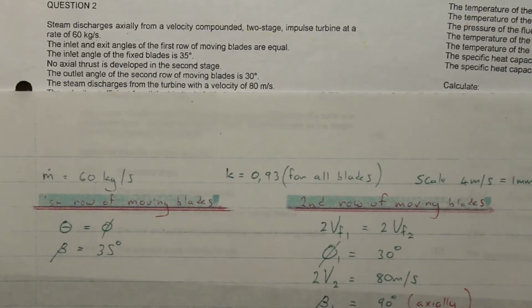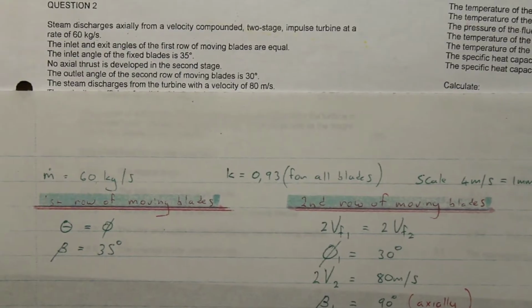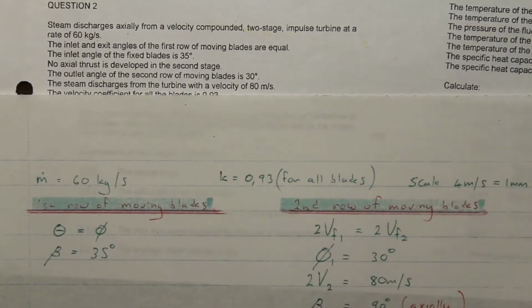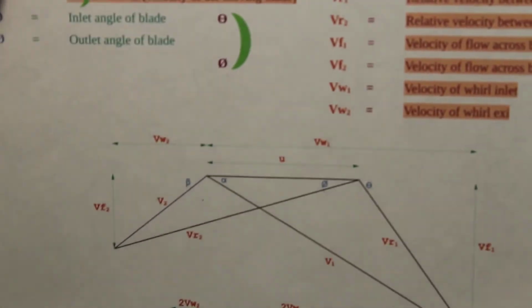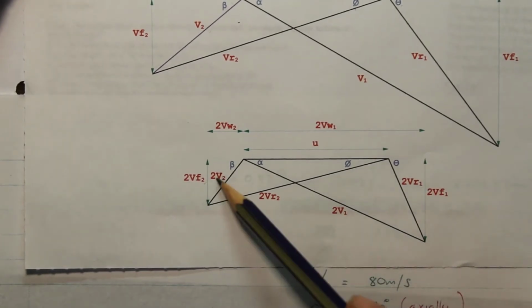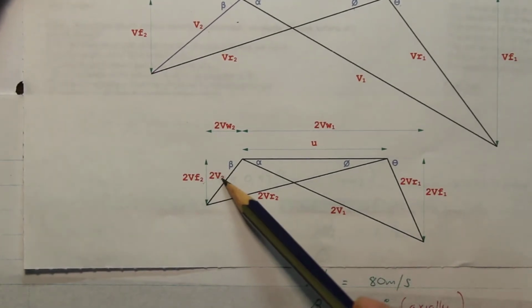Then it says steam discharges from the turbine with a velocity of 80 meters per second. So that is the velocity that the steam is leaving the turbine. And where is it leaving the turbine? That will be in the second row of moving blades, and it will be 2v2.